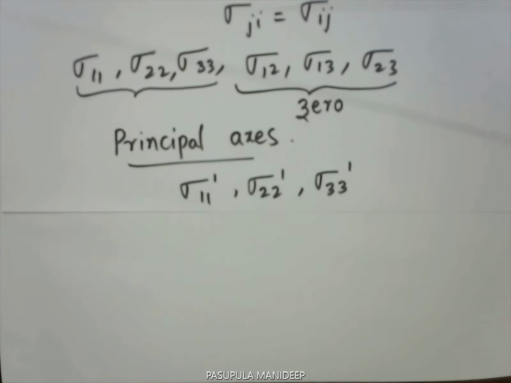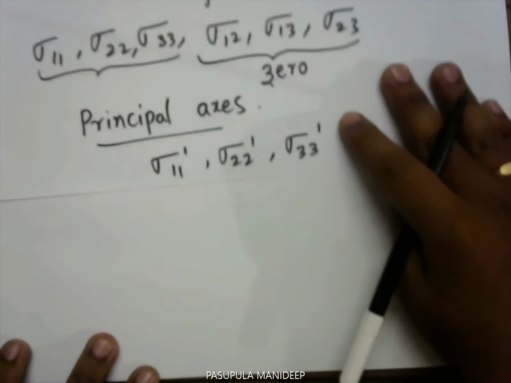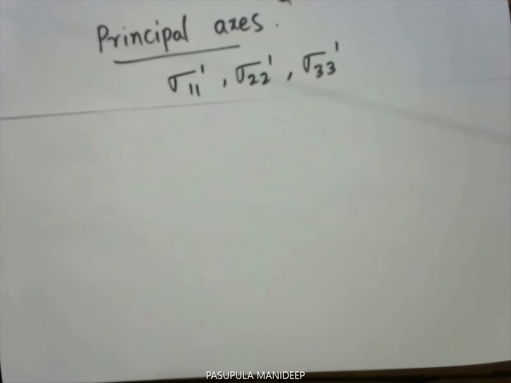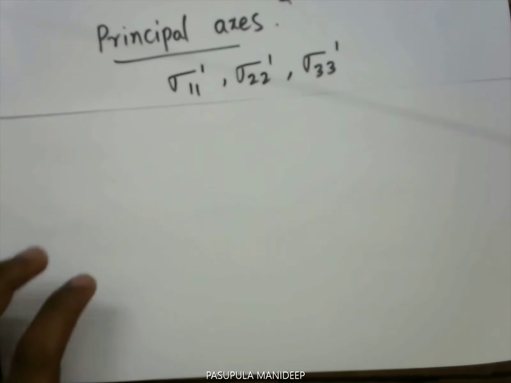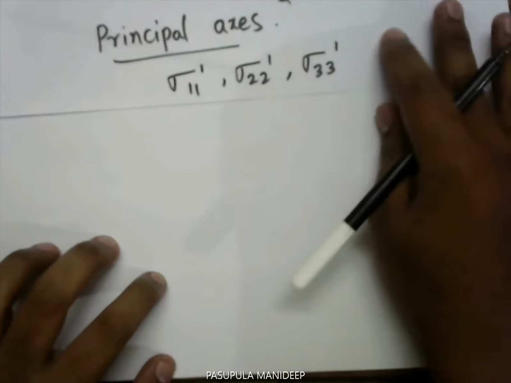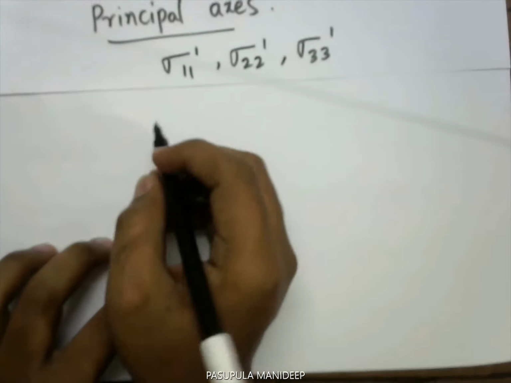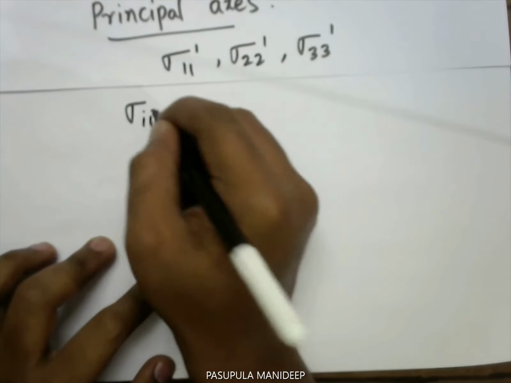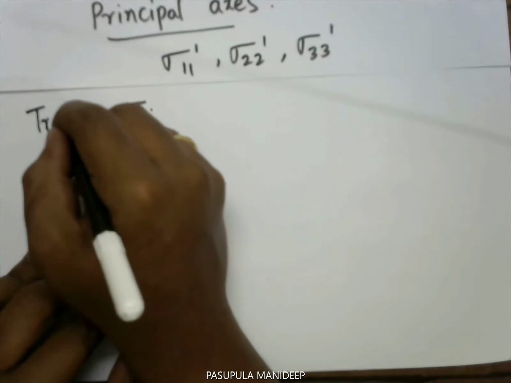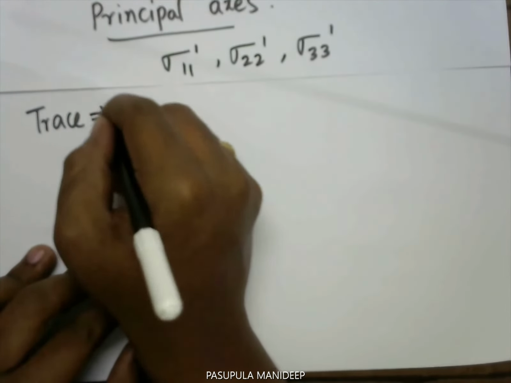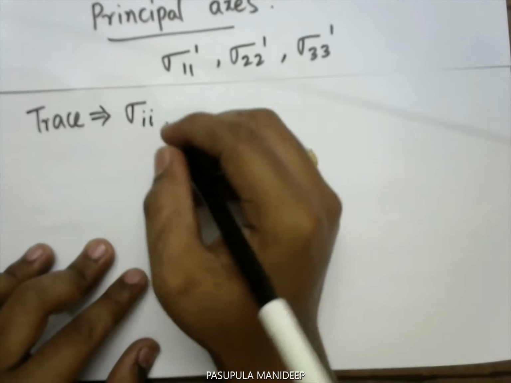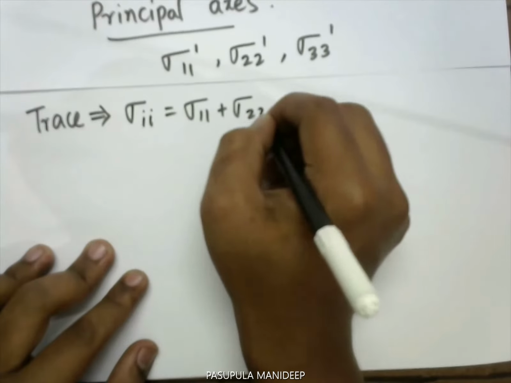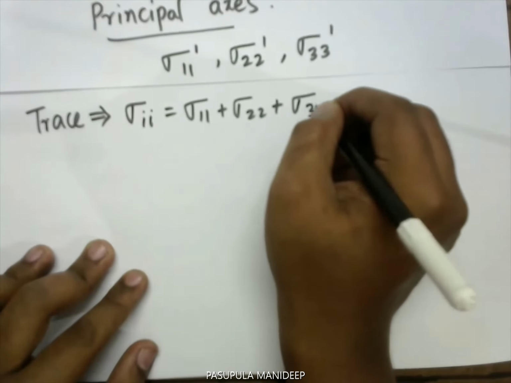These are called the principal stresses. For a general tensor, sigma ii, which is the trace, will be equal to sigma 11 plus sigma 22 plus sigma 33.